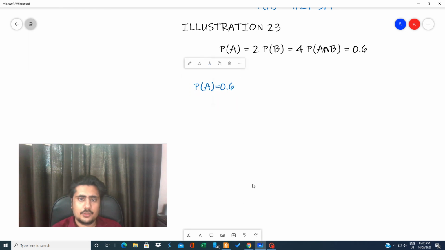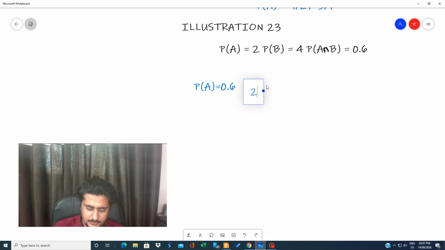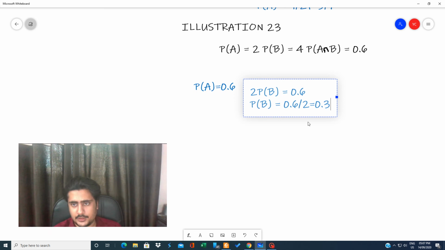P of A is 0.6. Then 2 P of B is equal to 0.6. So P of B is equal to 0.6 upon 2, that is 0.3.